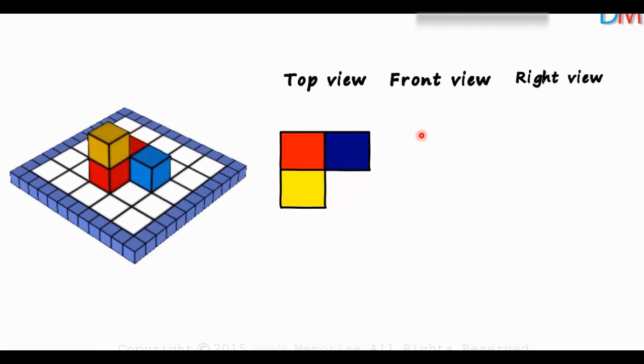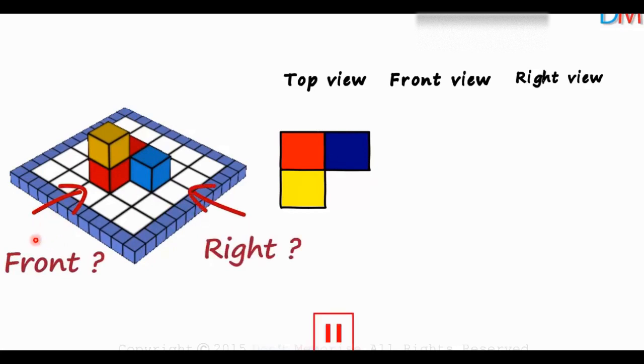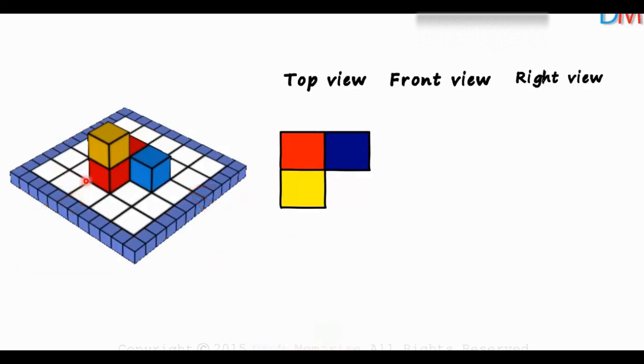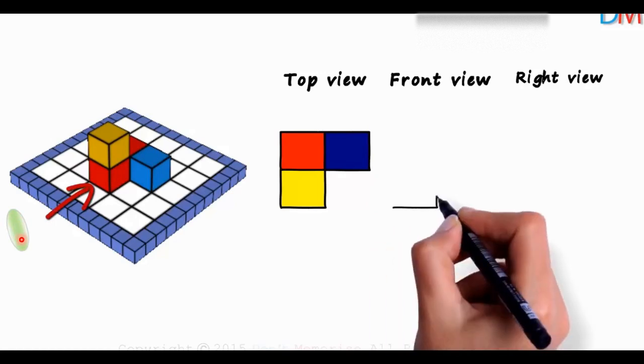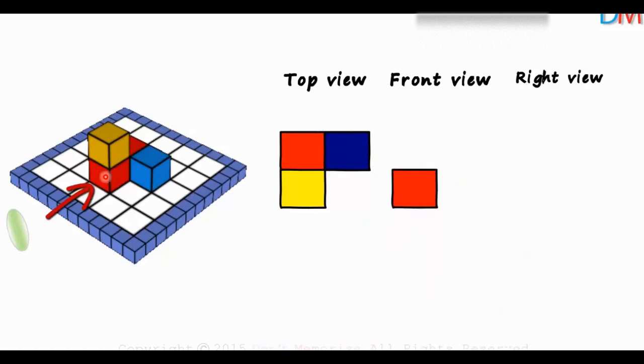The next one, the front view. Here when we look from the front, this side is the right side, so this one is the front side. When we look at this object from the front, what will you see? So imagine you are here. From the front one red square is there, so red square.